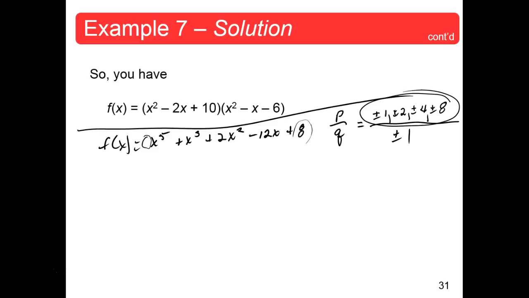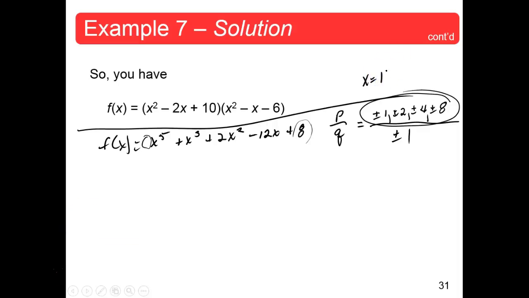1 plus 1 is 2 plus 2 is 4 plus 8 is 12, minus 12 is 0. Bingo, we have a 0 right there. That's why 1 is so nice. X equals 1 is a 0.